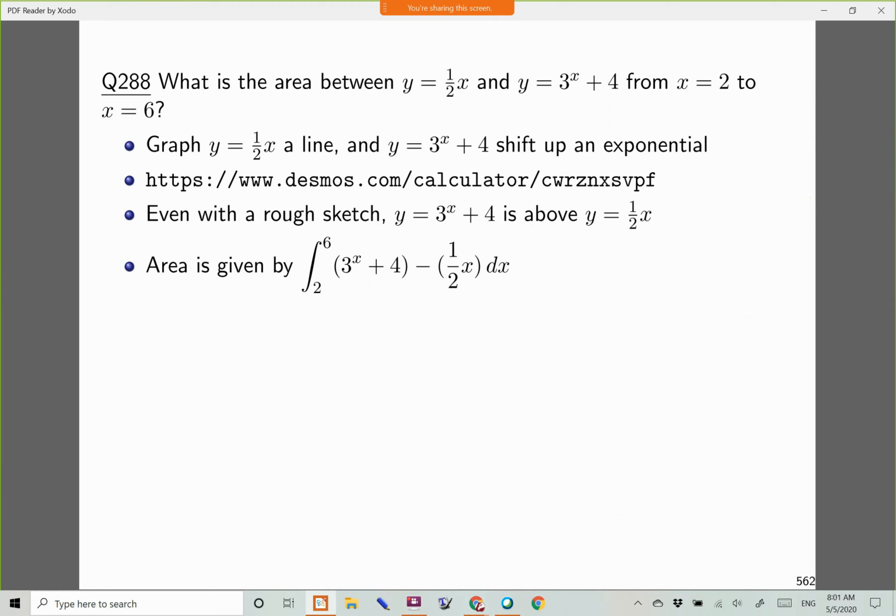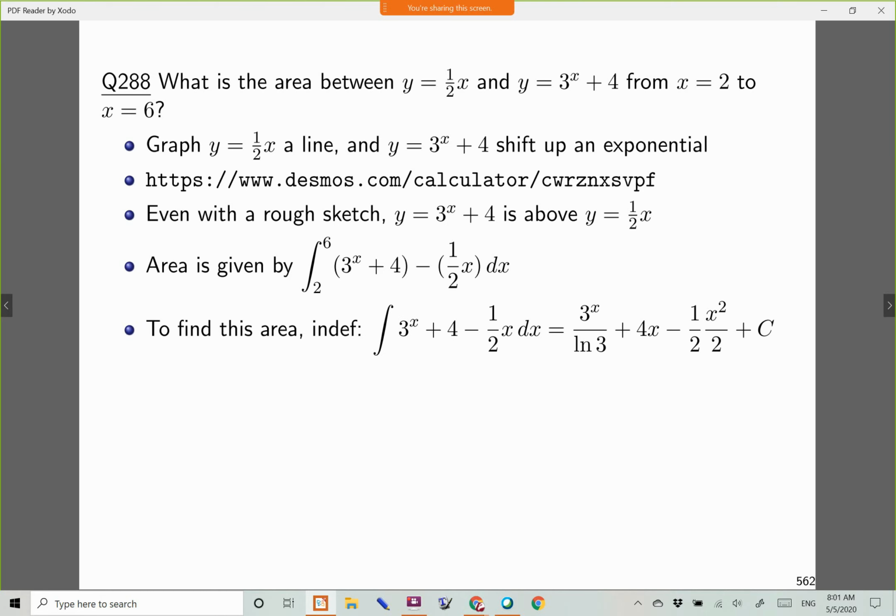Okay, so this definite integral that we set up represents that purple area. It'll end up being positive, and it represents that total area.